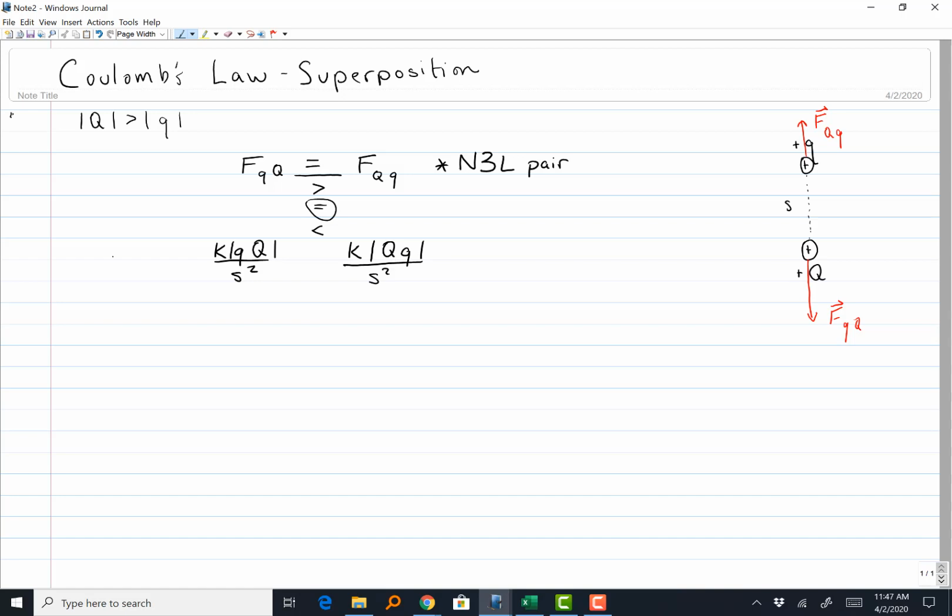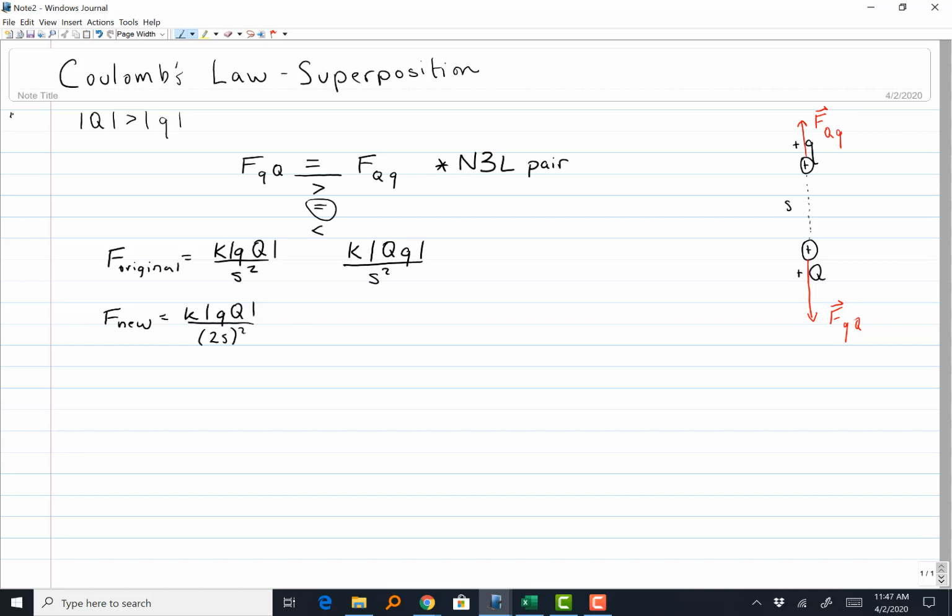We've got the original force right here, and we want to see what this new force is if I double the distance between them. So I can write that down. I've just replaced s with 2s.